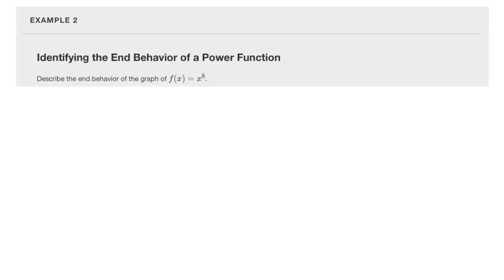Okay. So describe the end behavior of this graph, right? So this is an even power function. We have a positive leading coefficient, so it should go up to the right and up to the left. So we should have something that behaves like this.